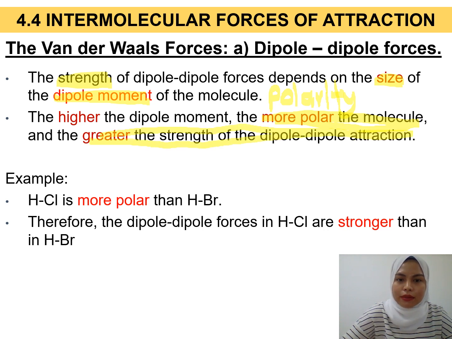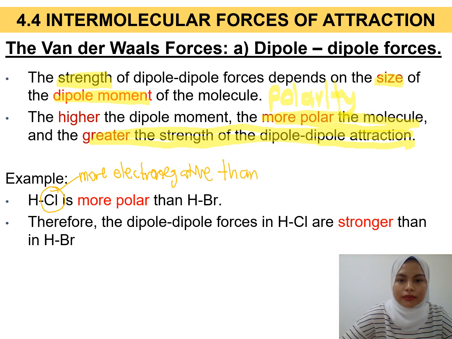Okay, semakin polar the molecule, semakin kuatlah dia punya forces of attraction. So sebagai contoh, if let's say if you look at here, you ada dua jenis molekul HCl dengan HBr. HCl is actually more polar than HBr. Sebab kenapa? Sebab Cl ni dia more electronegative, okay, more electronegative than Br atom.